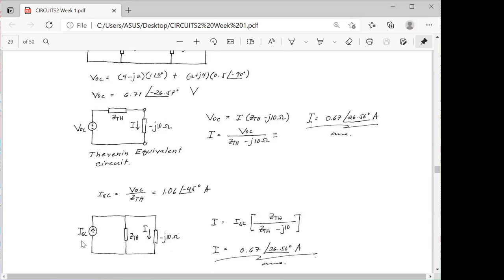Since we already computed our ISC, we know already the value of our ZTH, so we can simply use the current divider principle for us to determine this current I in our negative J10 reactance or impedance. So the answer is the same, of course, 0.67 angle 26.56 degrees ampere.